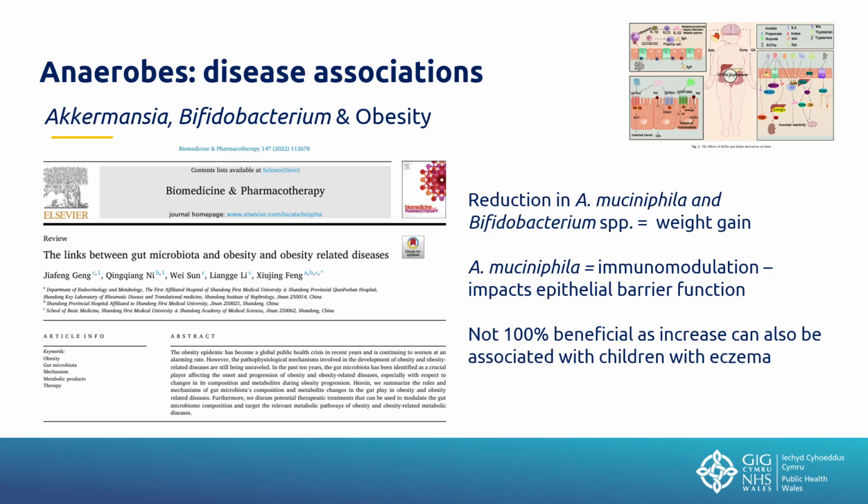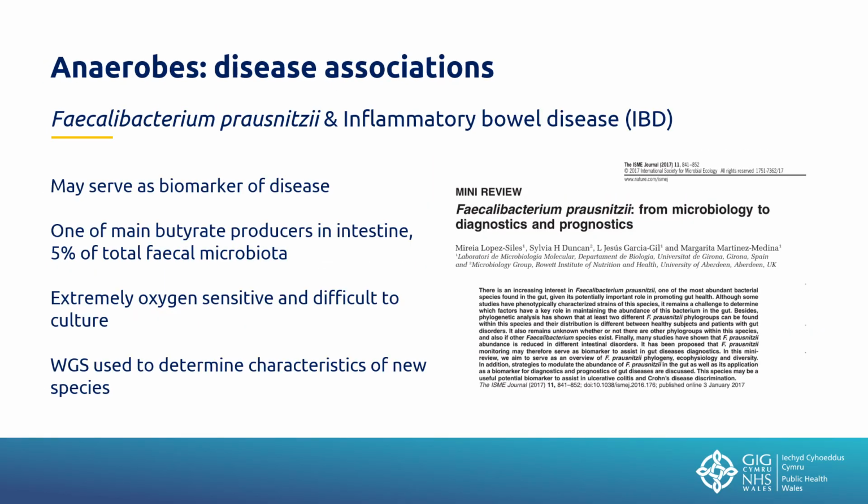children with eczema. The second association I'd like to highlight is between Faecalibacterium prausnitzii and inflammatory bowel disease, and this association is quite strong, with publications suggesting that it might actually serve as a biomarker of the disease. Faecalibacterium prausnitzii is one of the main butyrate producers in the intestine and makes up about 5% of the total fecal microbiota.